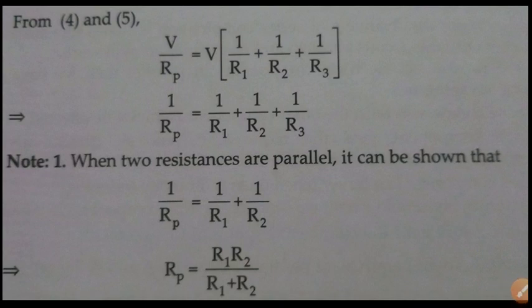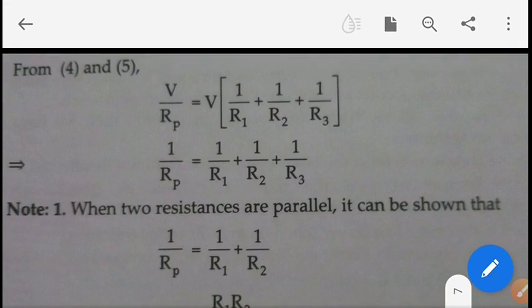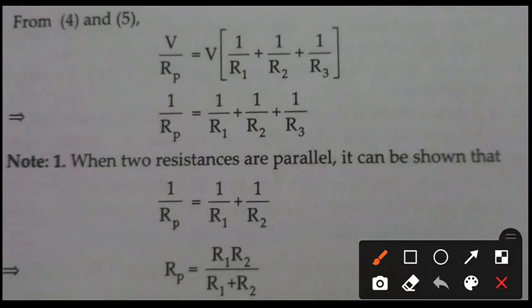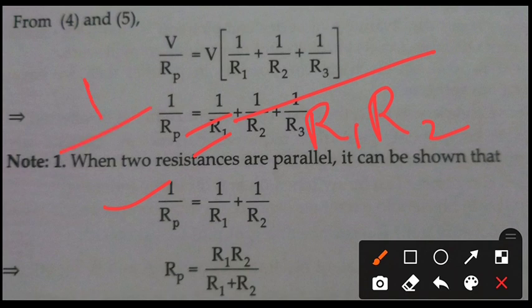Taking the LCM of R1 and R2, this can be written as R1 plus R2 over R1 R2, which equals 1 upon Rp.